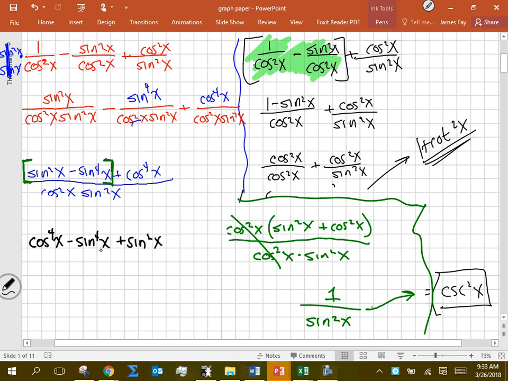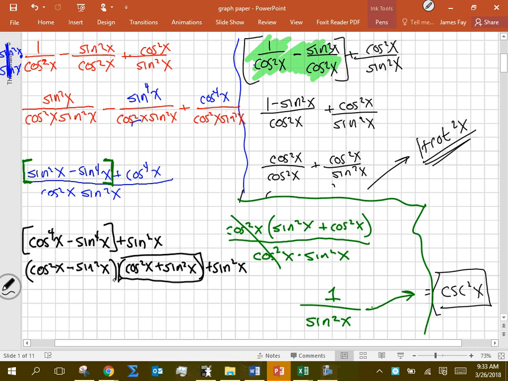Now that generates a question that we saw maybe on Friday, where those two things can be rewritten as cosine squared x minus sine squared x. They're a difference of perfect squares. Cosine squared x plus sine squared x, and then plus sine squared x. So this here, that one turns into 1, right?